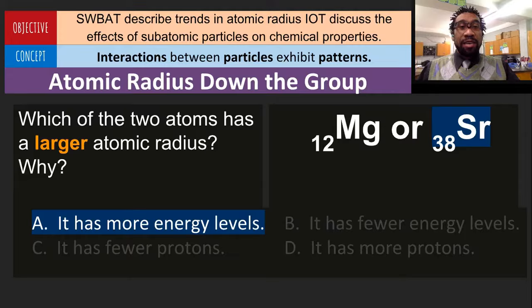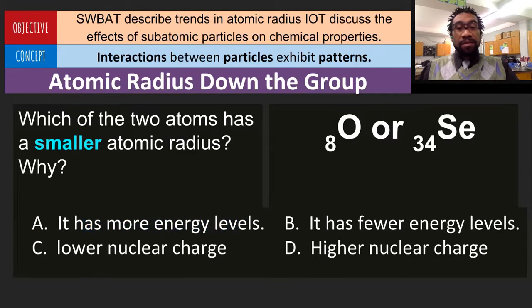Let's dive into another example. Which of these two atoms has a smaller atomic radius? This time we're looking at oxygen with an atomic number of 8 and selenium with an atomic number of 34. Which one is smaller? The answer is oxygen.